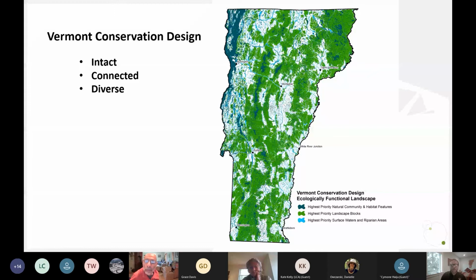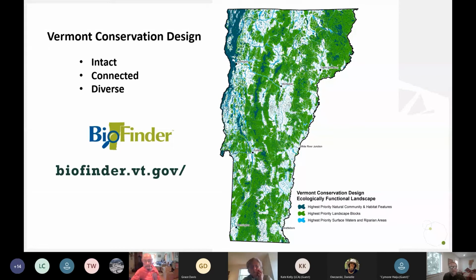And so those forest blocks need to be whole, as big as possible. They need to be connected to one another, and they need to be biologically diverse. And really the same is true of our aquatic network. And so Vermont conservation design brings these concepts together, the aquatic and the terrestrial priorities, into one place. And that's the type of data that I work with and provide to towns.